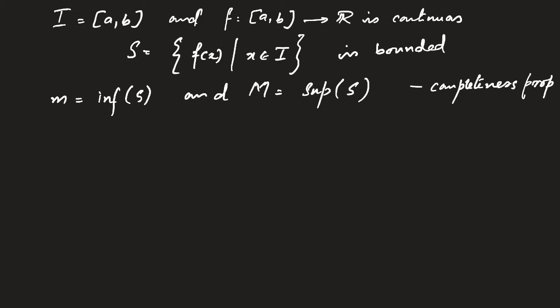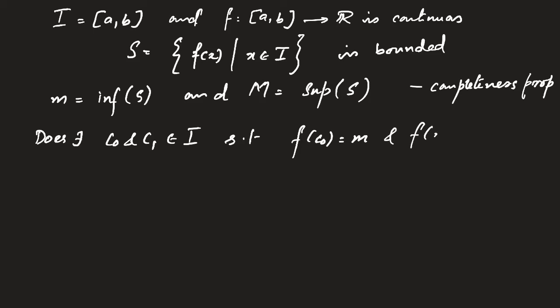Okay. Now the question is: is there some value for which these are attained? Does there exist c_0 and c_1 in I such that f(c_0) is equal to small m and f(c_1) is equal to capital M?